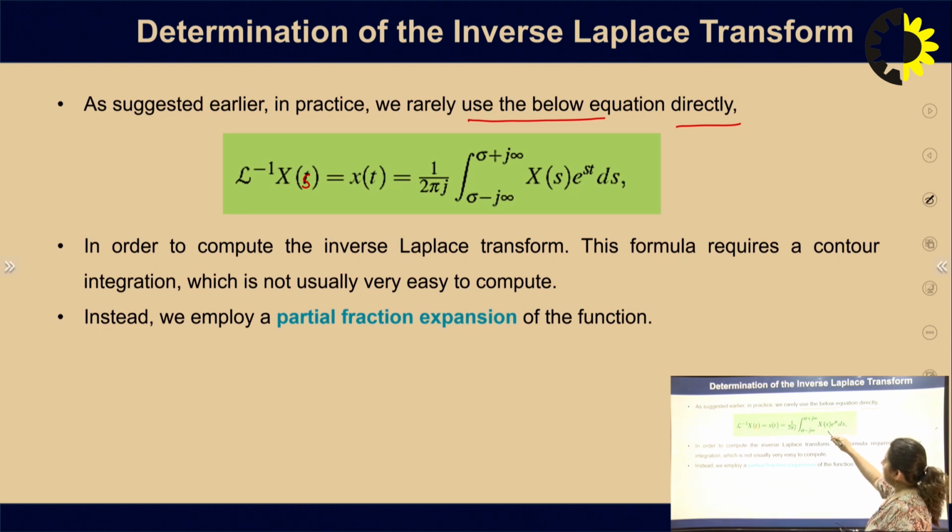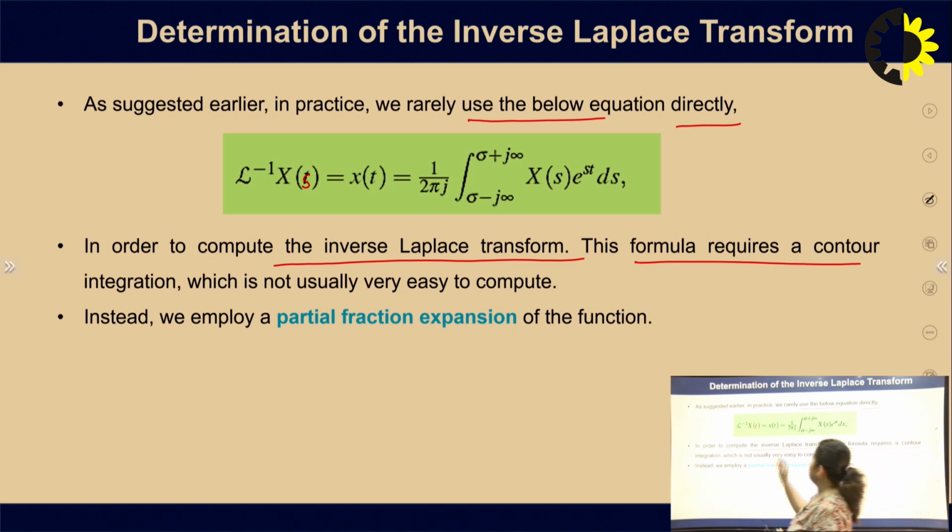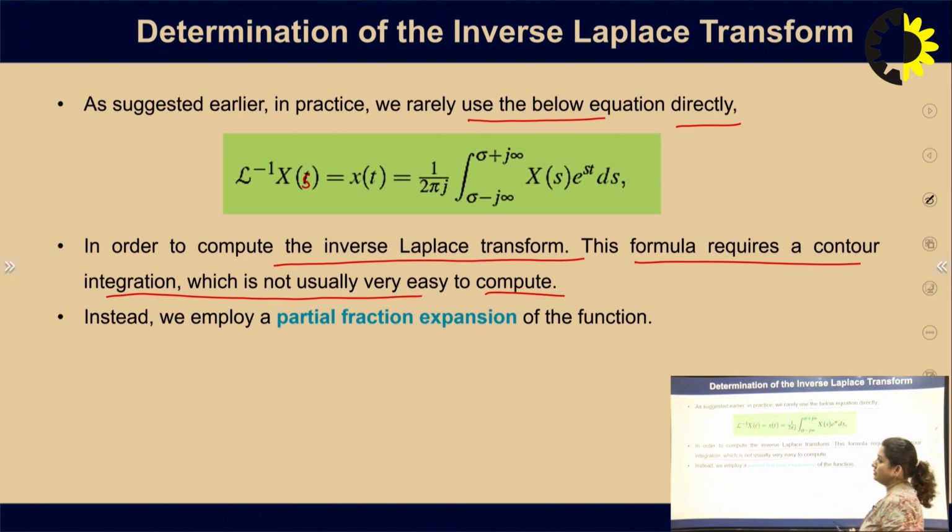In the Laplace domain it is e to the power minus st, in the inverse domain it is e to the power st. In order to compute the inverse Laplace transform, this formula requires a contour integration, which is not usually very easy to compute. So instead we employ the partial fraction expansion method for getting the signal from the Laplace transform. So for the inverse Laplace transform, we mainly use the partial fraction method.